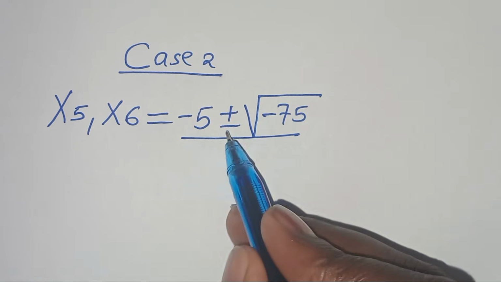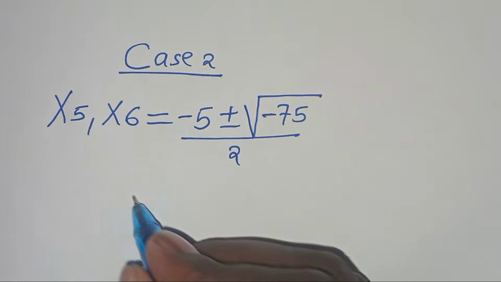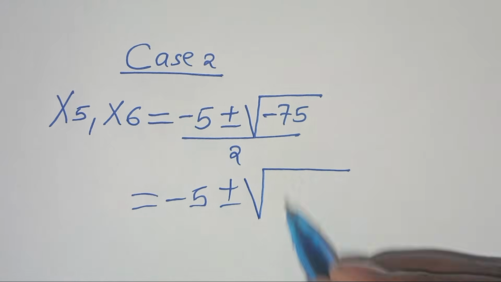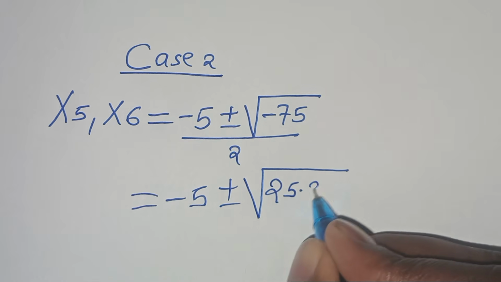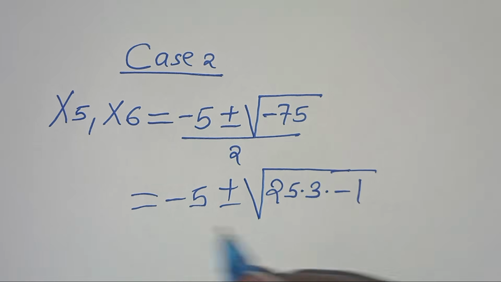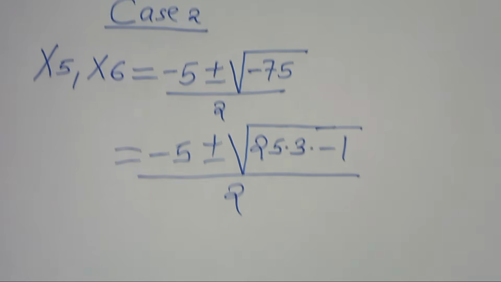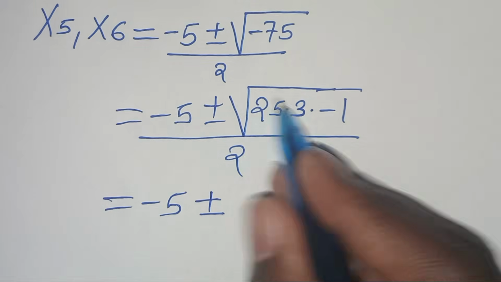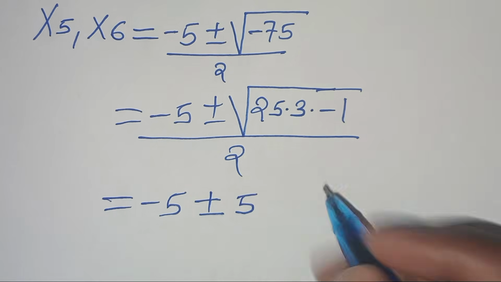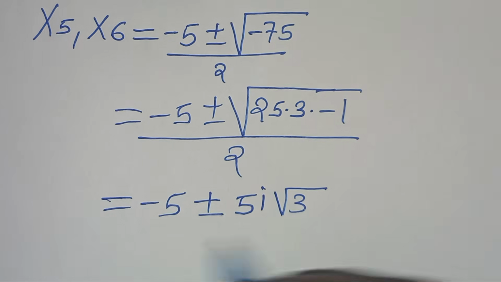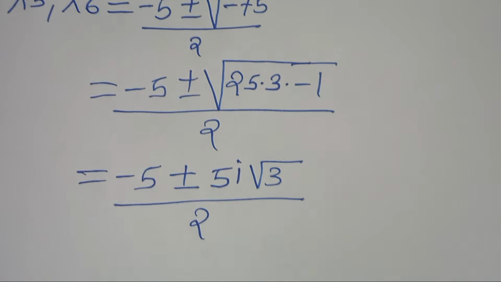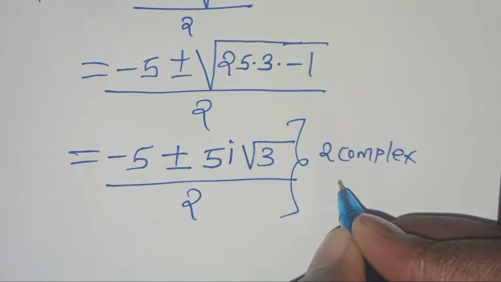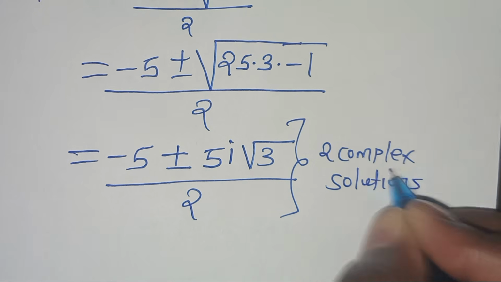We can express the square root of minus 75 as 25 multiplied by 3 multiplied by minus 1, then divided by 2. So we have minus 5 plus or minus the square root of 25, this is 5, the square root of minus 1, this is i, then the square root of 3, everything divided by 2. So we find that these are two complex solutions under case 2.